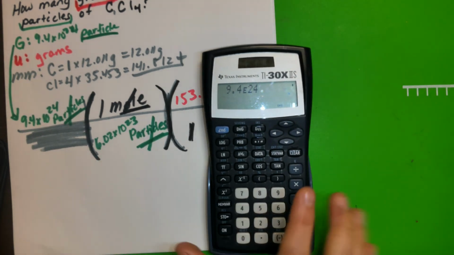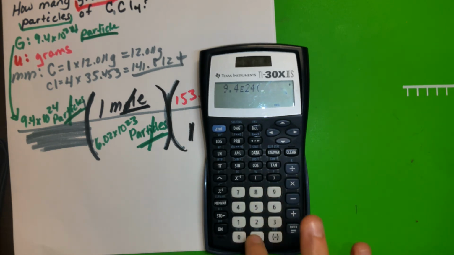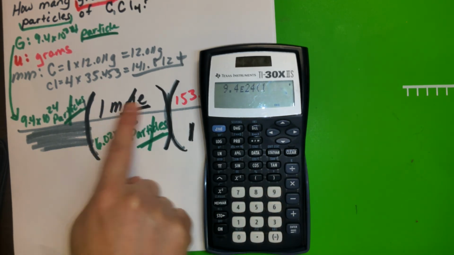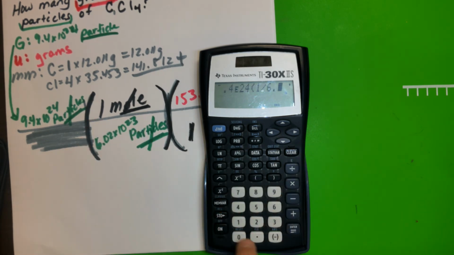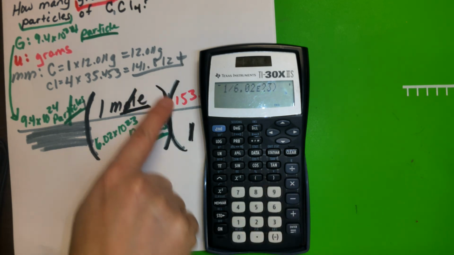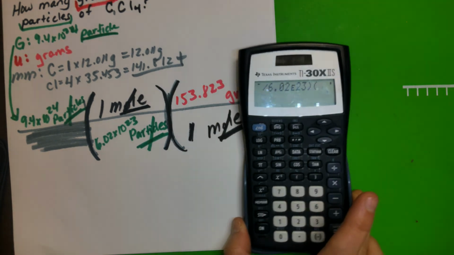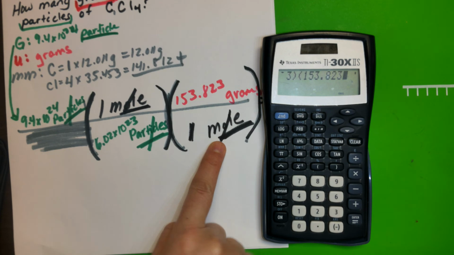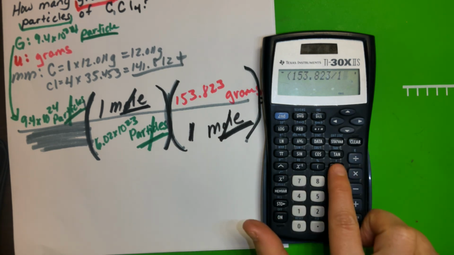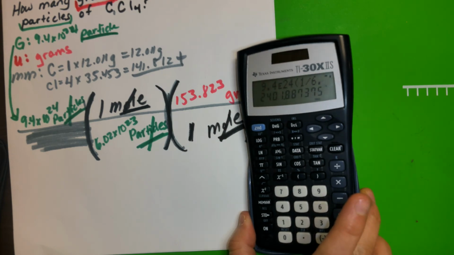Then open the parenthesis, and 1 is first because that's on the top, divided by 6.02, second E, 23. Close it, then open the parenthesis again, 153.823, divided by 1, close it, and enter.